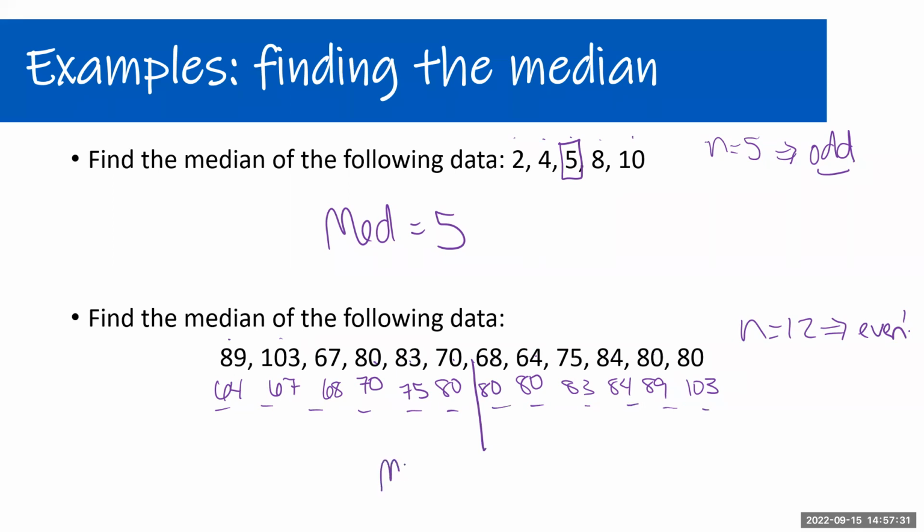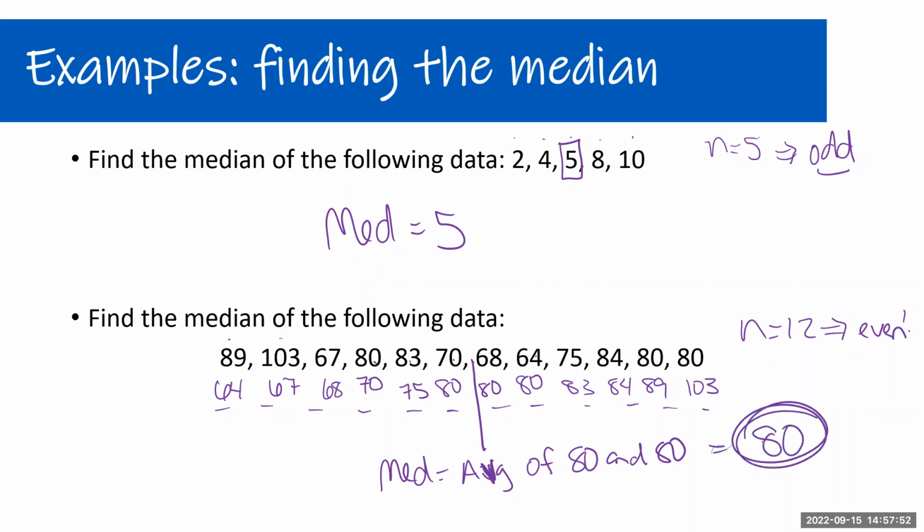To get our median, it's going to be the average of 80 and 80. Now we could add 80 plus 80 and divide by 2, but the average of two identical numbers is still just that number. So our median is going to be 80. Okay.